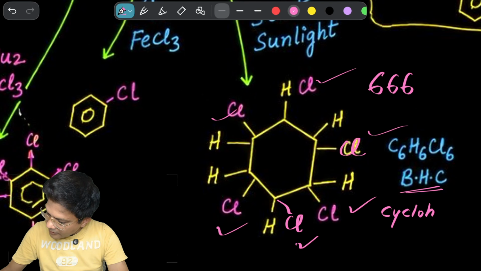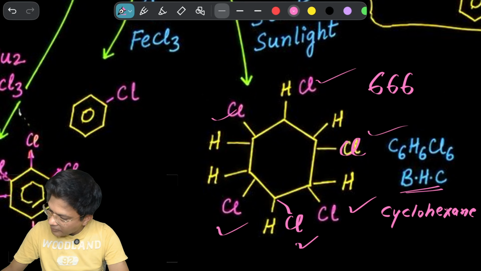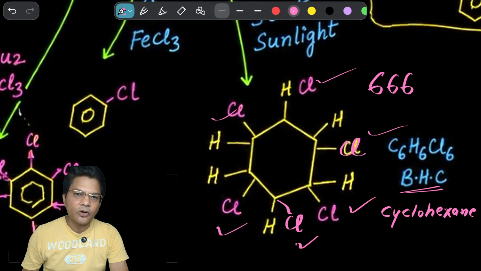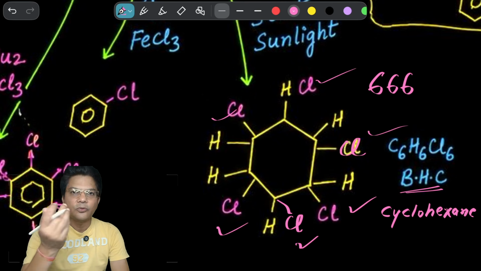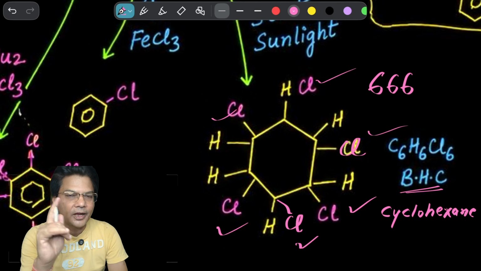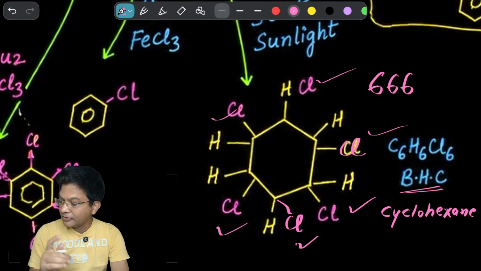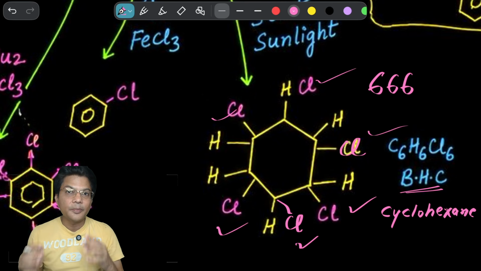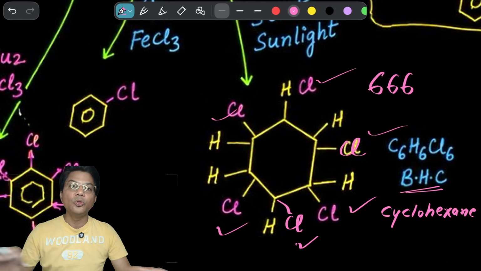The examiner will definitely give this question. This time the examiner will make it tough. This time also the examiner has given reaction with Cl2 in sunlight or Cl2 in dark. That was a simple question because in both there are 6 chlorines, but here 6 chlorines, 6 hydrogen and 6 carbon. BHC is benzene hexachloride, but there is no benzene.